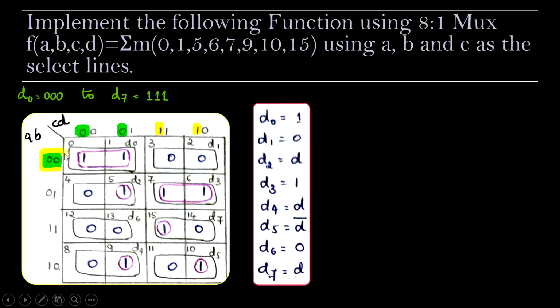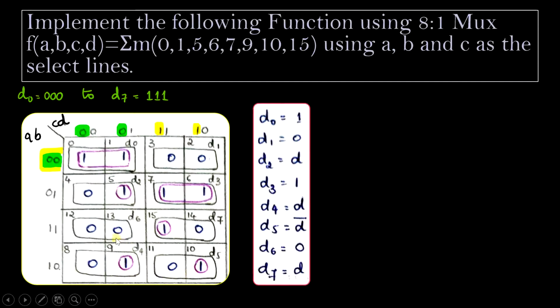And for D1, you get this as 0. For D2, you get this as D. Whatever variable was D, that same variable was appearing here. For D3, it was 1. For D4, you only had a minterm here, and this was equal to D. For D5, it was D bar.